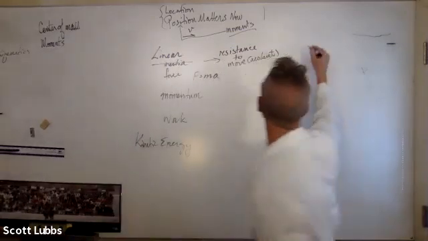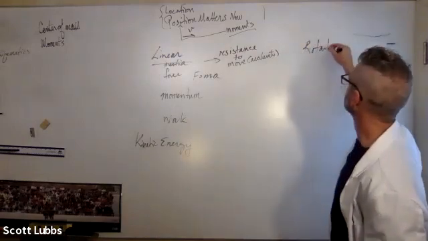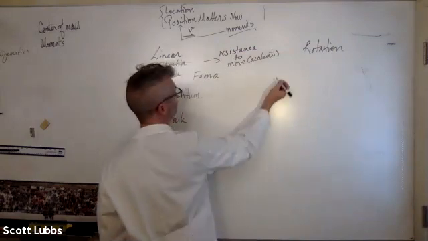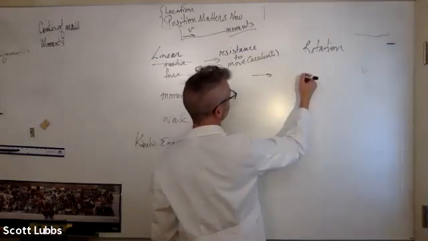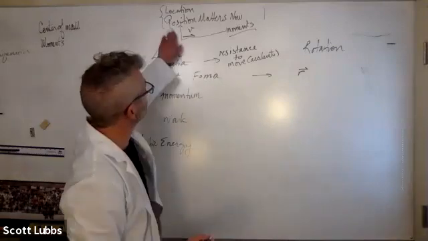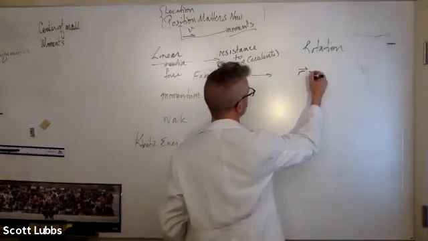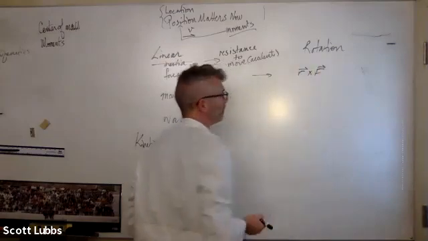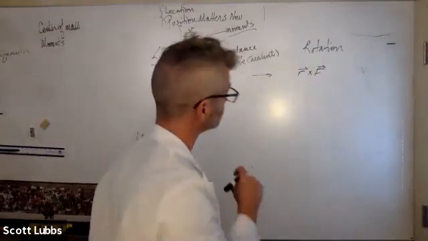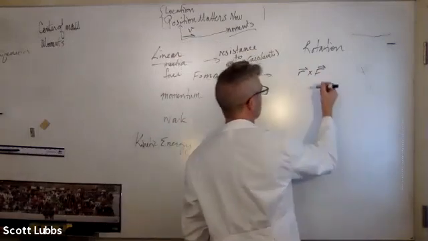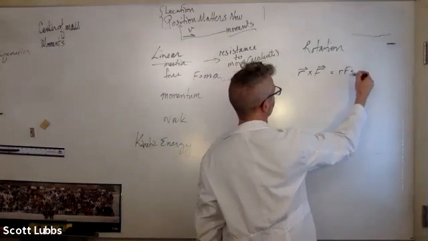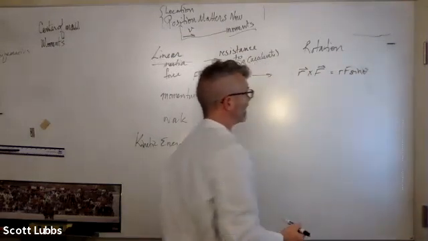But when we get over here to rotation, I want the moment of force. So the moment of force becomes my position times that force, and we use the cross product. That turns into r cross F, which is rF sine theta.